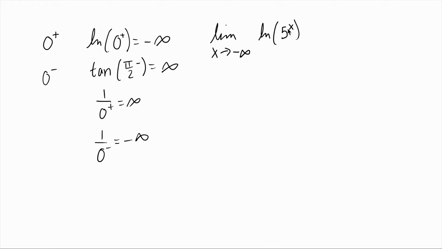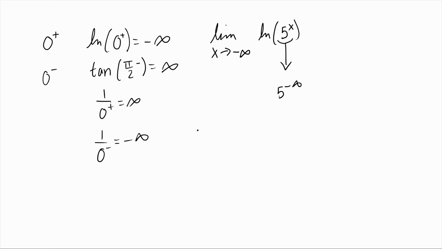And we could use log properties. You can move this x out here to the front, and you can really quickly see it's negative infinity. But let's look at it another way for a minute. The inside right here, 5 to the x, can we plug in 5 to the negative infinity? What is 5 to the negative infinity equal to?